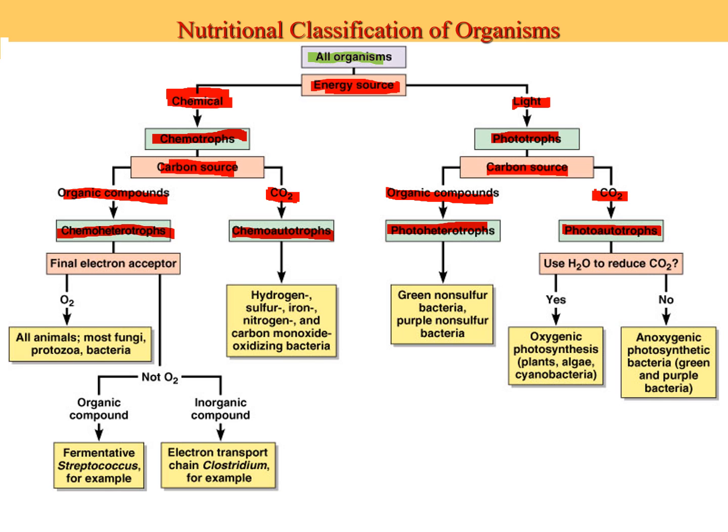Chemoheterotroph uses chemical compounds for the energy source and organic compounds for the carbon source. Those 4 types: chemoheterotroph, chemoautotroph, photoheterotroph, and photoautotroph.